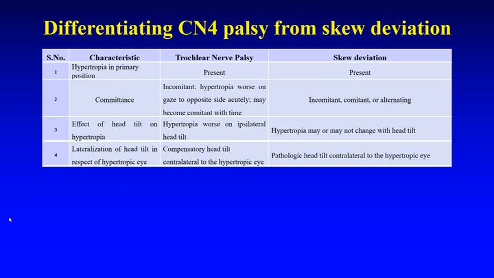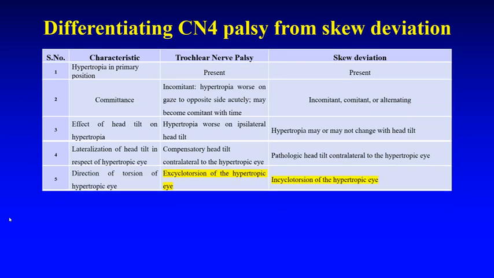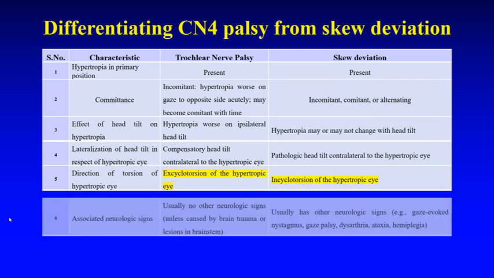Lateralization of head tilt in respect of the hypertropic eye: in the fourth cranial nerve palsy, there is a compensatory head tilt contralateral to the hypertropic eye. In skew deviation, there is a pathological head tilt ipsilateral to the hypertropic eye. Direction of the torsion of the hypertropic eye: excyclotorsion of the hypertropic eye is present in trochlear nerve palsy, while in the skew deviation there is incyclotorsion of the hypertropic eye.